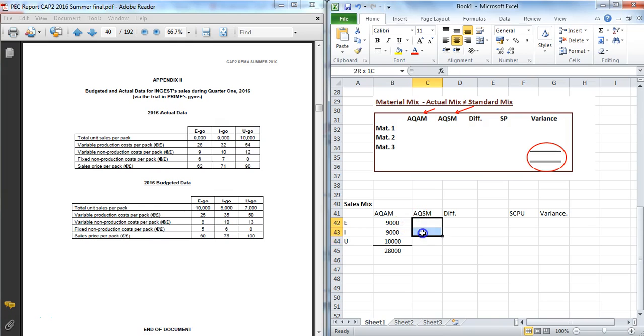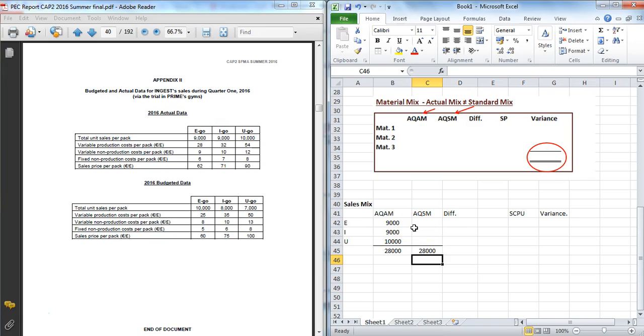The second portion that you compare this to get the sales mix is actual quantity, standard mix. So you can see the only thing that changes, as I point out here, actual quantity stays the same. The only thing you're changing is the mix involved. So the total will still be, put over here, it'll still be 28,000. The only thing that changes now is the mix of what you sold. So now the question is, well, what is the standard mix?